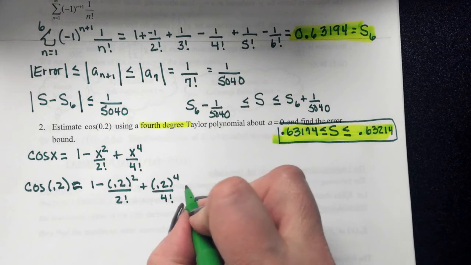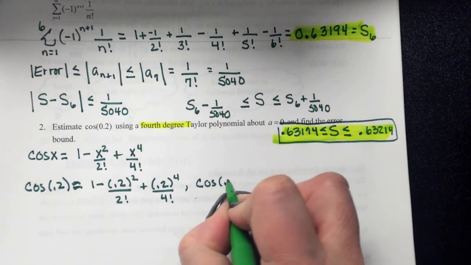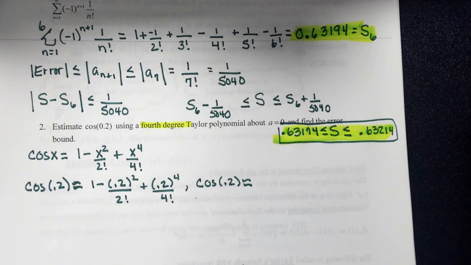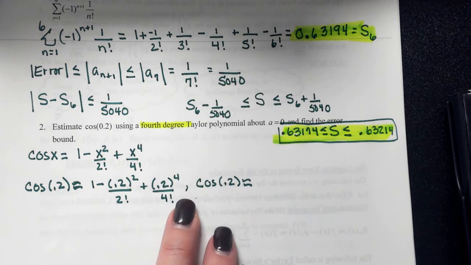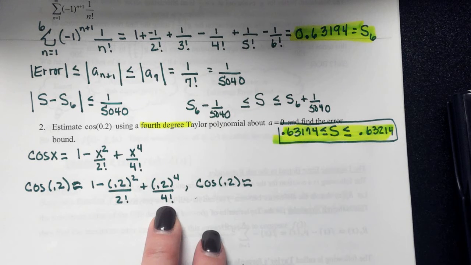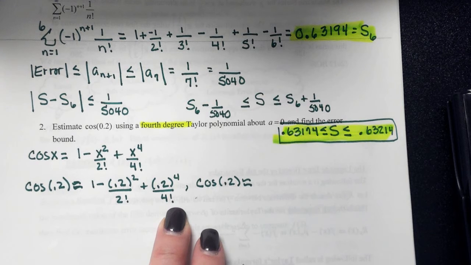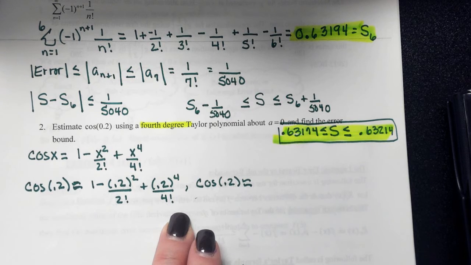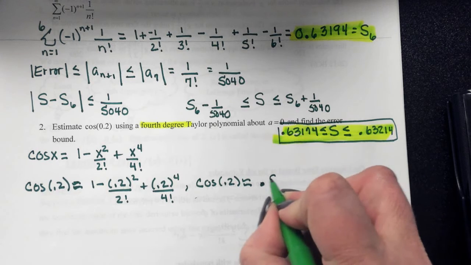So cosine of 0.2 is going to be approximately equal to, when I type this in my calculator, about 0.98007.